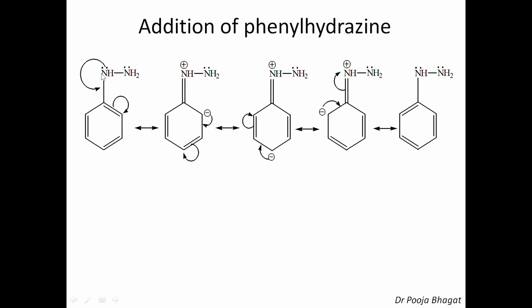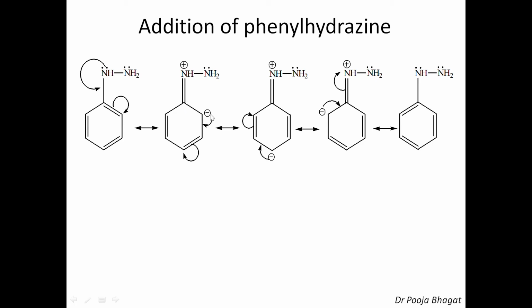So one more bond, a pi bond, means a double bond. Nitrogen is neutral and giving its electrons, so nitrogen attains a positive charge. So NH positive here, double bond here, single bond here, and negative charge here.